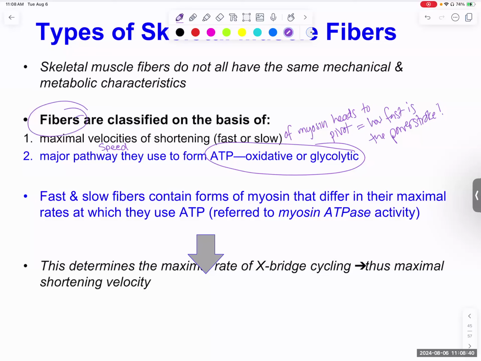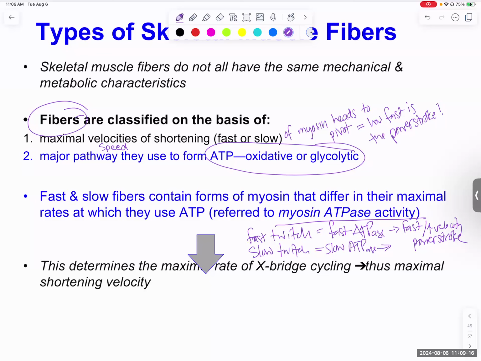So fast and slow fibers contain different myosin ATPase activities. Fast twitch has fast myosin ATPase, which equals a fast or high velocity power stroke. Slow has slow.